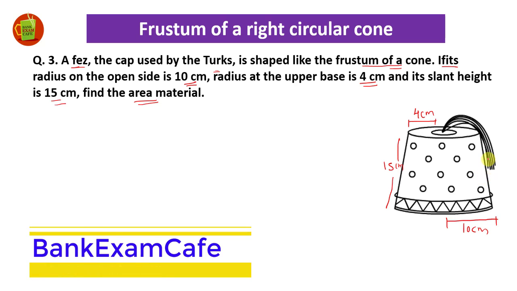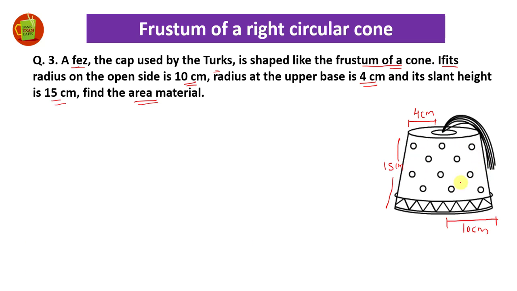Area of the material used will be what? The curved surface area of the frustum plus area of this closed circular portion, and this portion is open, so there the material is not used.